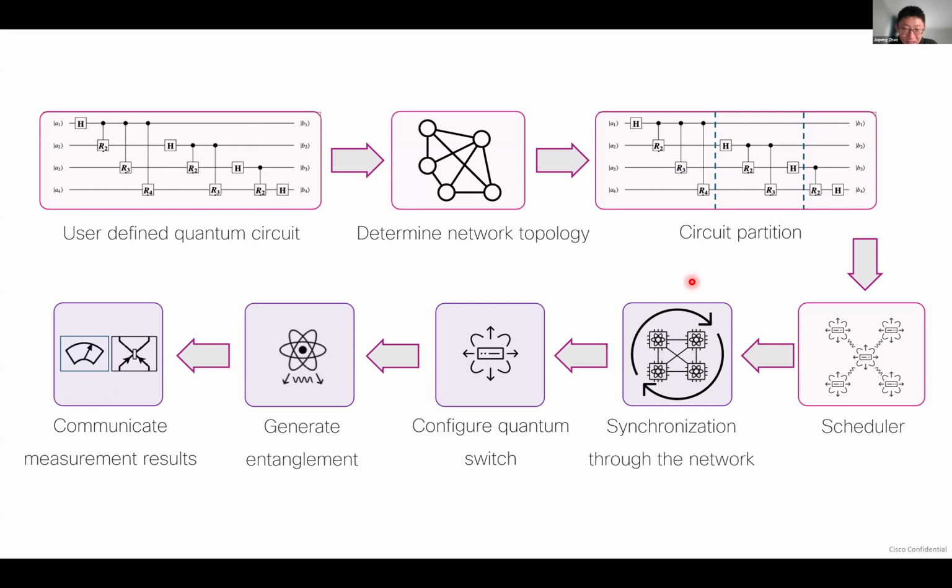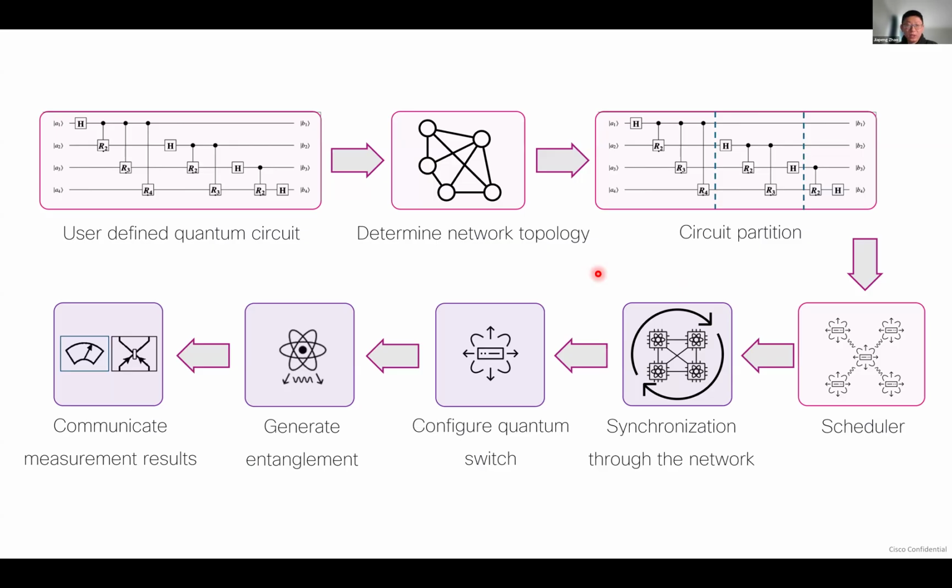Then we distribute the entanglement via our entanglement source between QPUs, or we leverage the QPU itself to emit photons to entangle and do the Bell swapping at our switch. At the end, we communicate the measurement results between QPUs to make sure the entanglement distribution succeeded, and we can execute each remote gate inside a QPU.